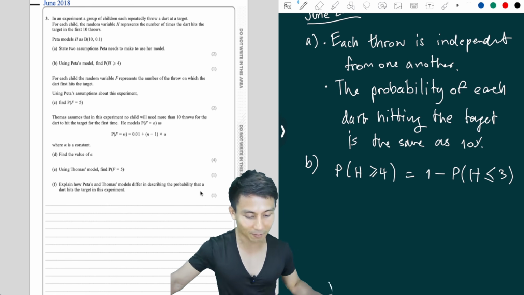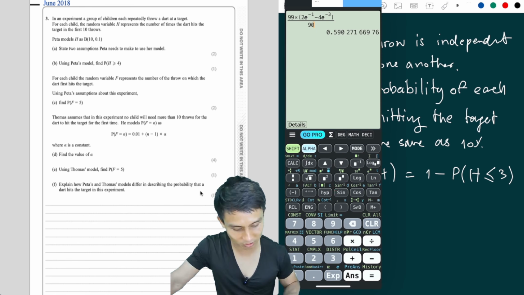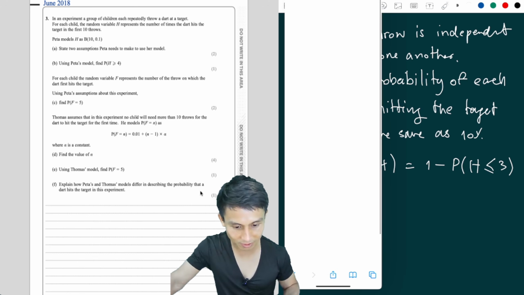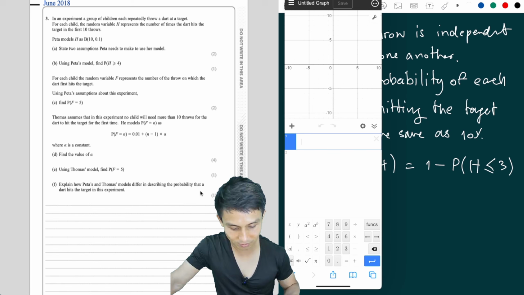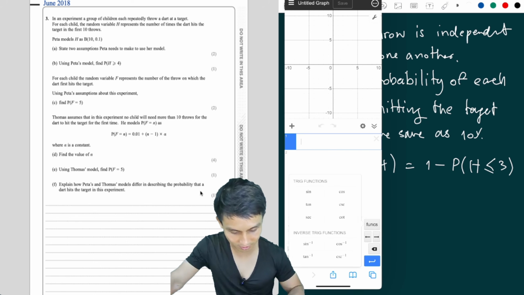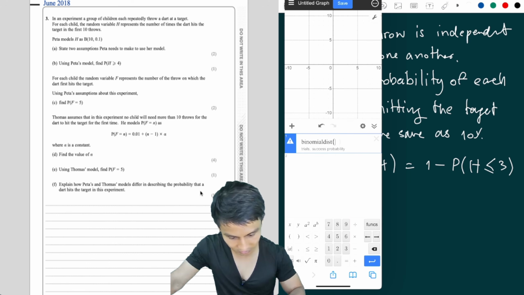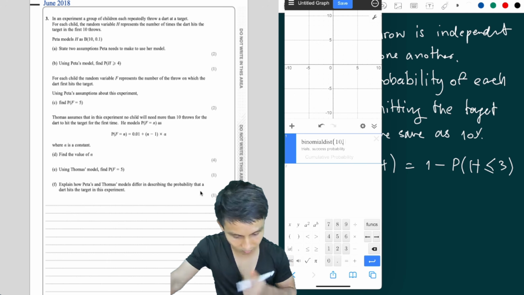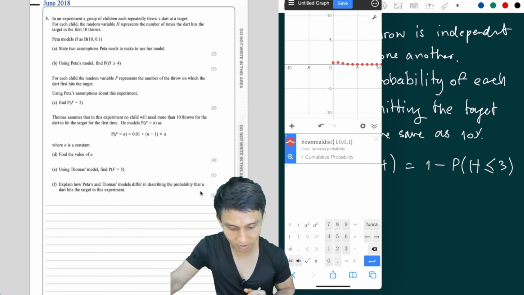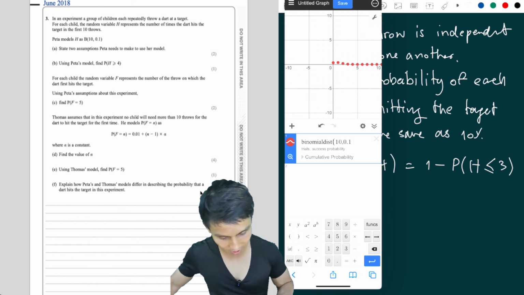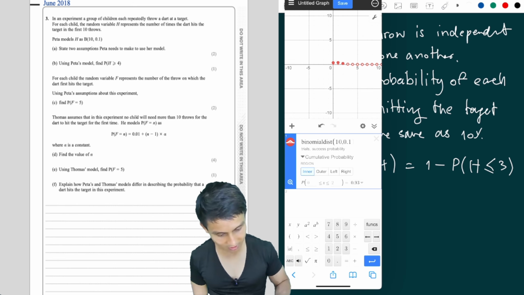I'm going to use my Desmos calculator, because I don't have a graphing calculator, which should do the same thing. I go to function, then probability distribution, and I have binomial distribution here. I need to put trials, which is 10, and probability of success, which is 0.1. Then cumulative probability.